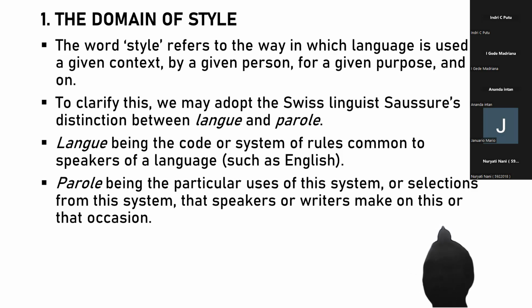And then we have to clarify this one. Here, we may adopt the Swiss linguist Saussure's distinction between langue and parole. To clarify the term style, it would be better to distinguish between langue and parole, adopted by the Swiss linguist Ferdinand de Saussure.